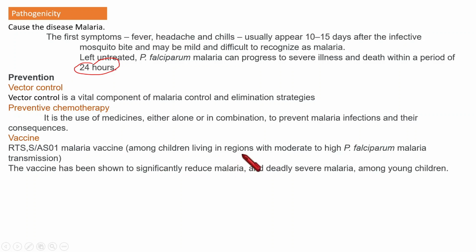Its transmission rate is high in those regions. This vaccine is given frequently, and it is effective in reducing malaria, especially among young children. So in this way, I think the life cycle and pathogenicity of Plasmodium is clear to you. So we can wind up today's section.